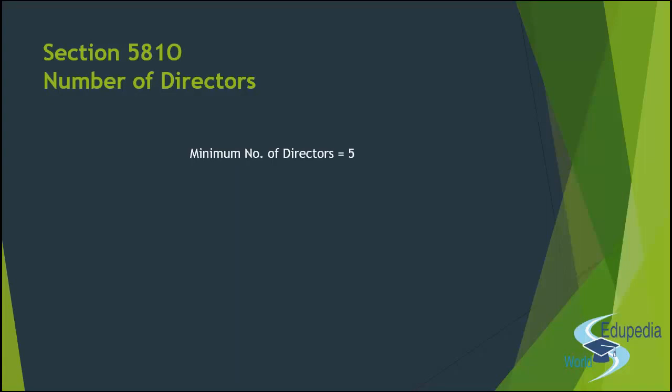You cannot operate with less than 5 directors in a producer company. And this limit can go up to again 15 directors. So the range is between 5 to 15 directors in a producer company at any given point of time. You cannot have more than 15 directors and neither can you have below 5 directors, right?